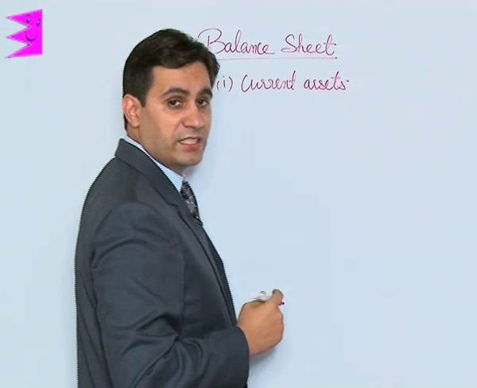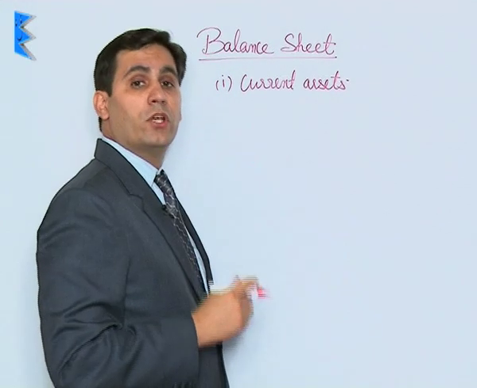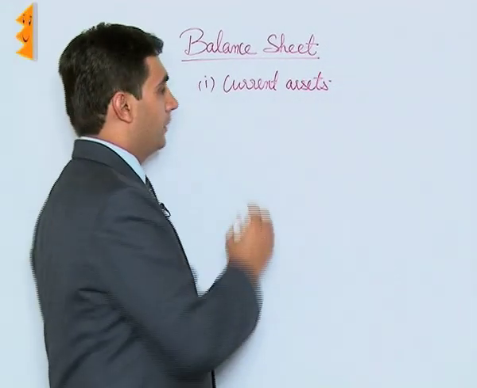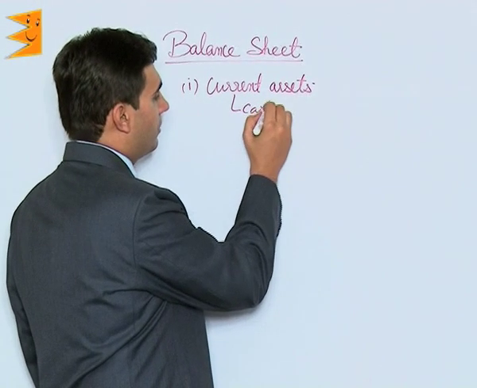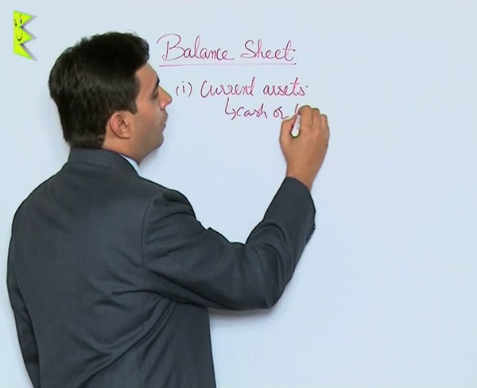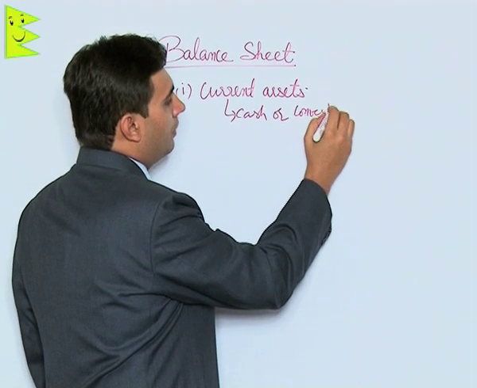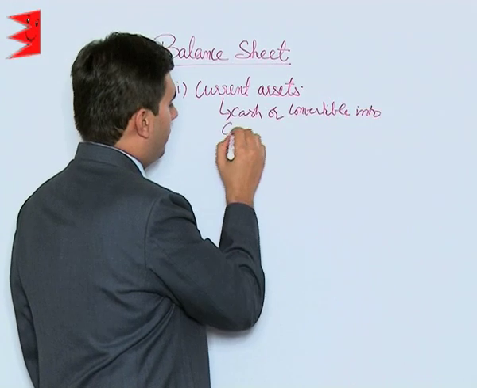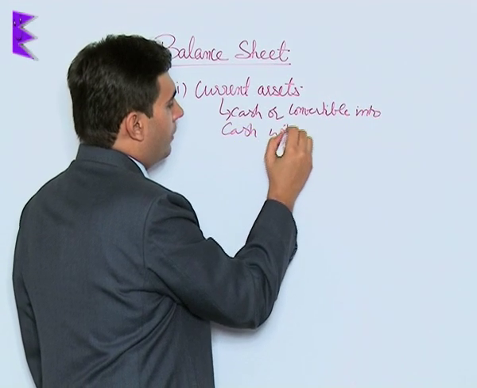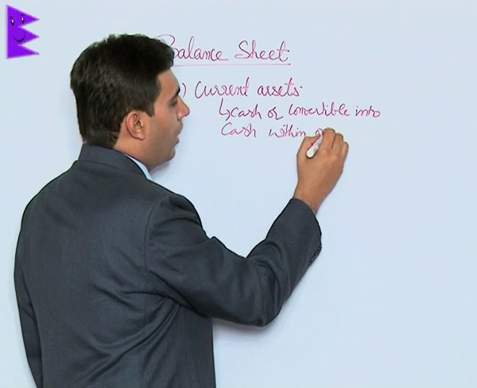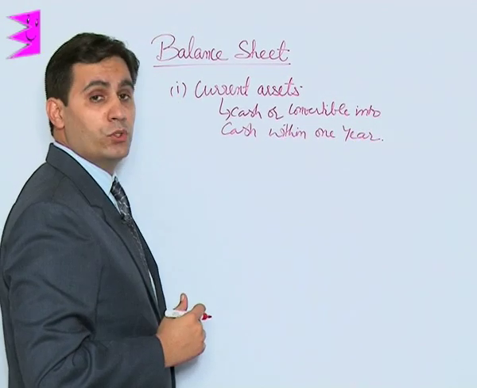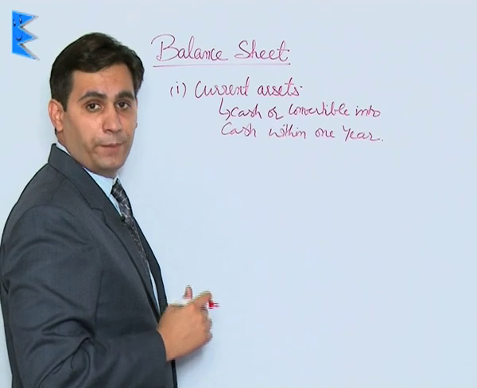They are assets which are in the form of cash or they can be converted into cash within 1 year. They are the assets which are used in the day-to-day activities of the business.